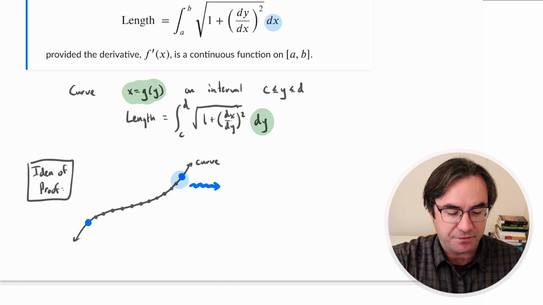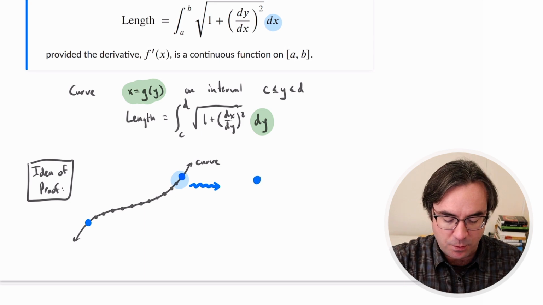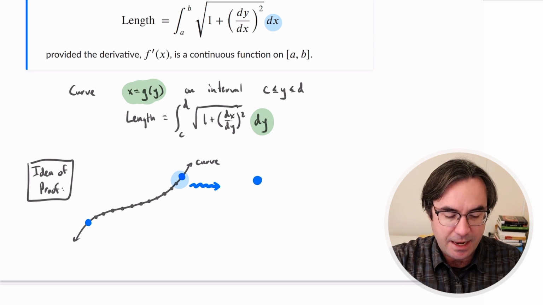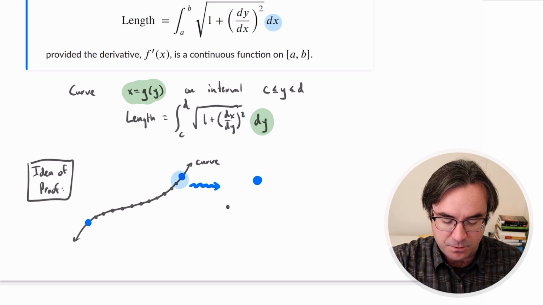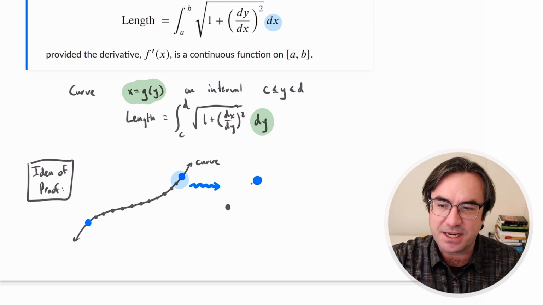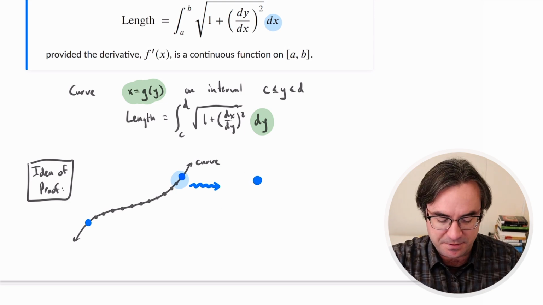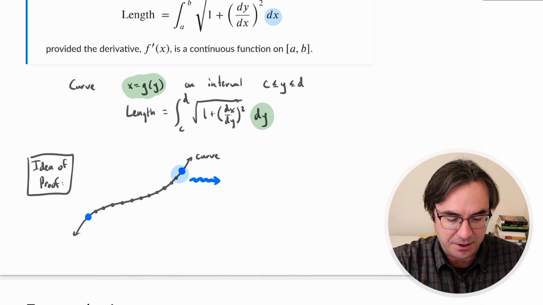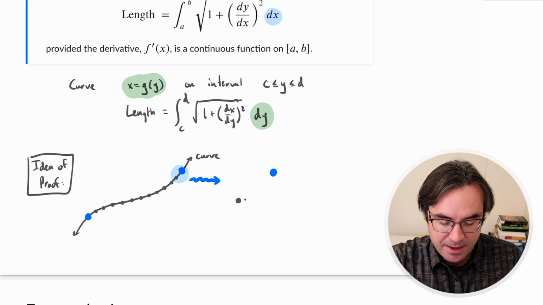All right, so what do we have? We've got our one endpoint, and we've got our one little slice that we've made, and then we've got our section of the curve there. Actually, let me make this a little bigger.